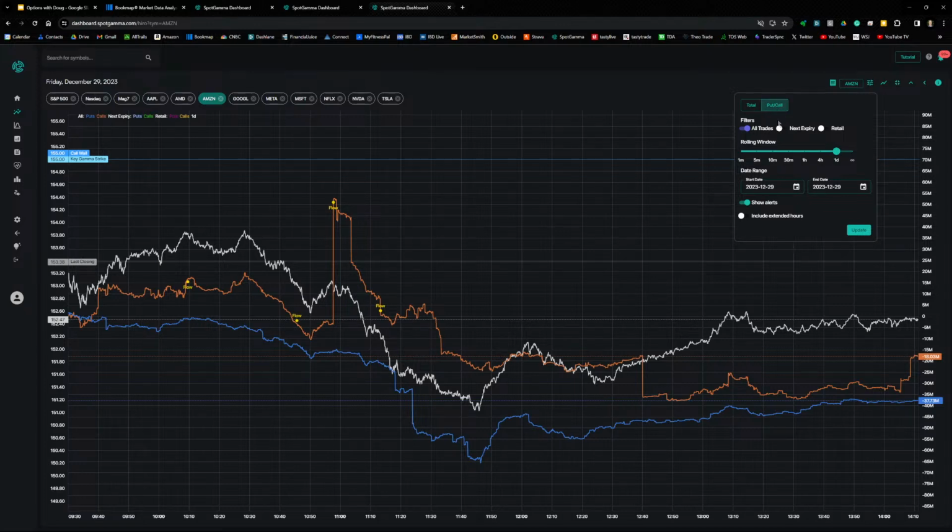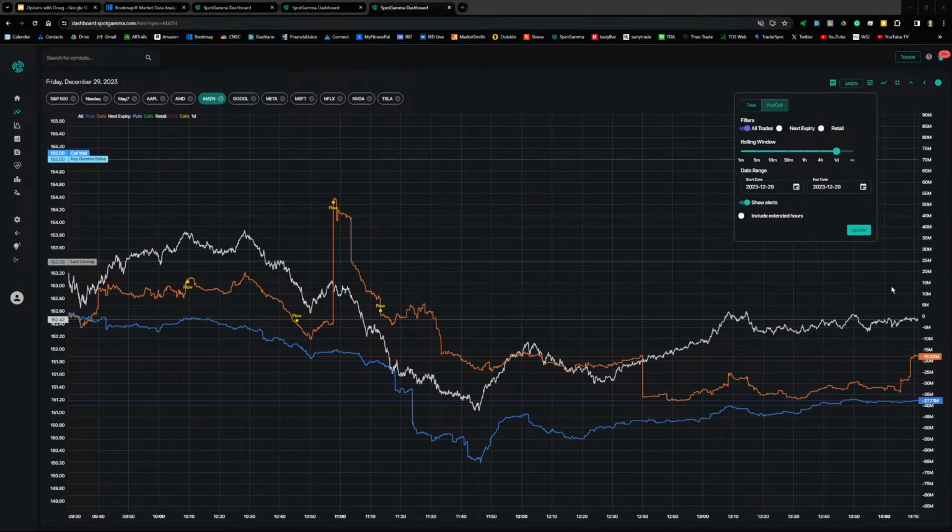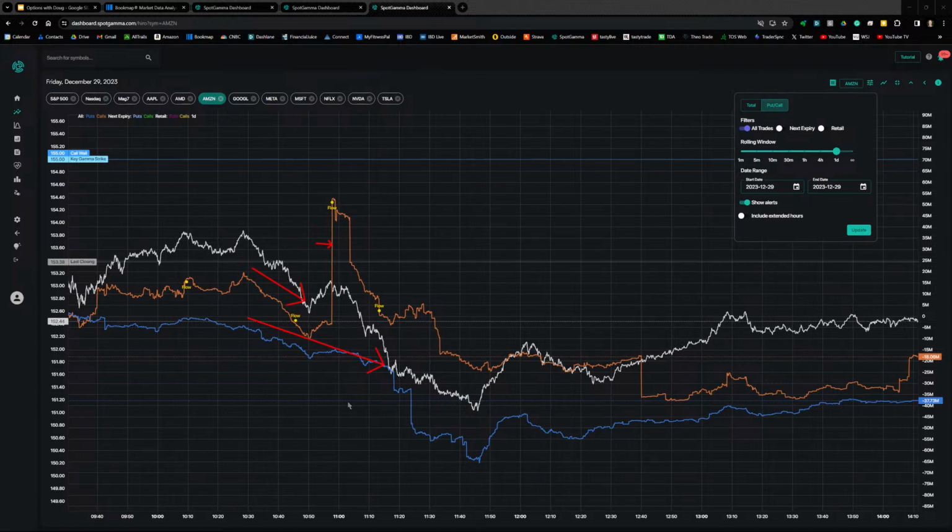So far today, traders are buying puts and selling calls. And barring this one large trade, puts and calls started trading in the same direction. This is a very powerful directional signal right around 10:30.